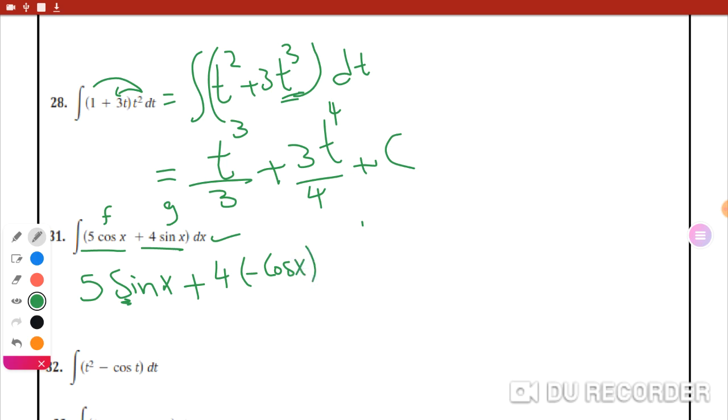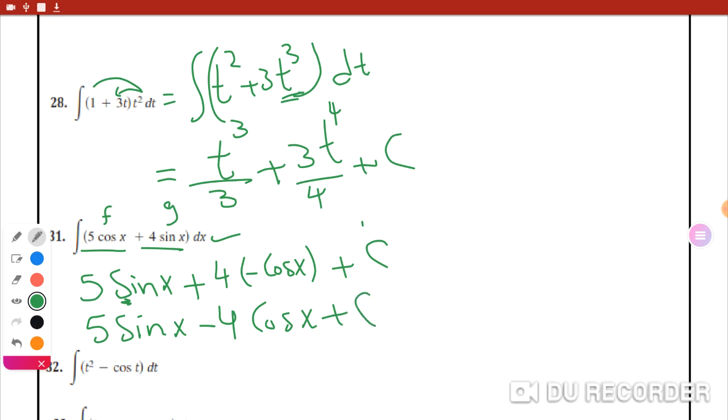If the antiderivative of a trigonometric function has cosine, cosecant, cotangent, like this one, we write negative. Plus C. In this case, it will be 5 sine x minus 4 cosine x plus the constant of integration.